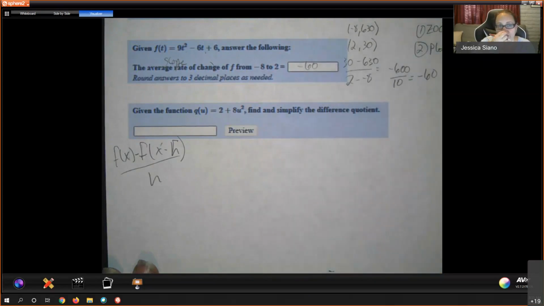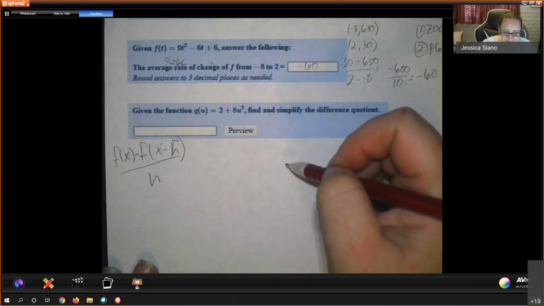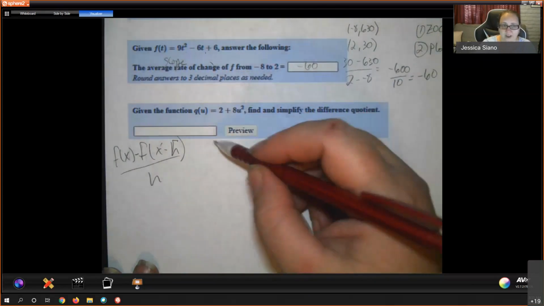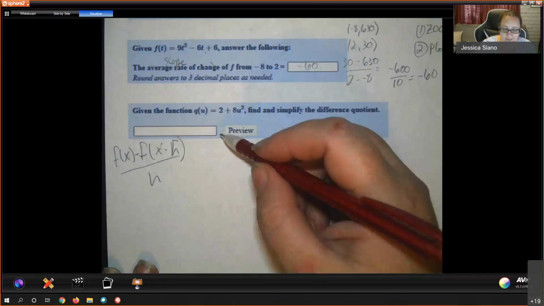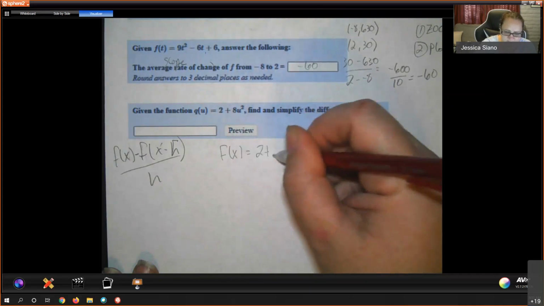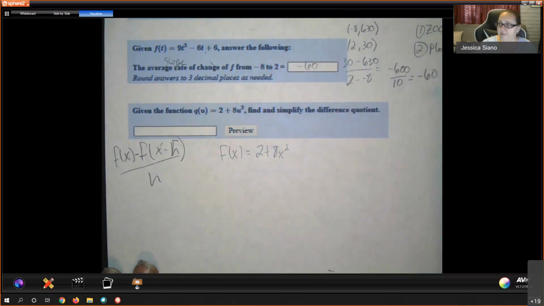Okay, so then here's what we do. First we plug in x, then we plug in x minus h, subtract, and divide by h. So I'm going to do these separately. F of x is 2 plus 8x squared. That one's easy.